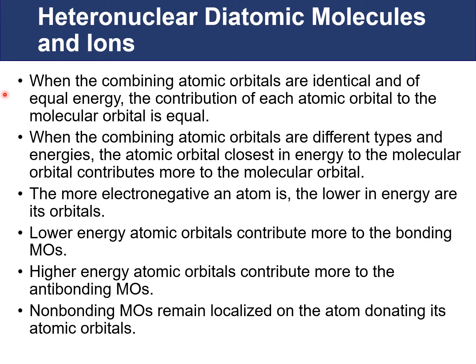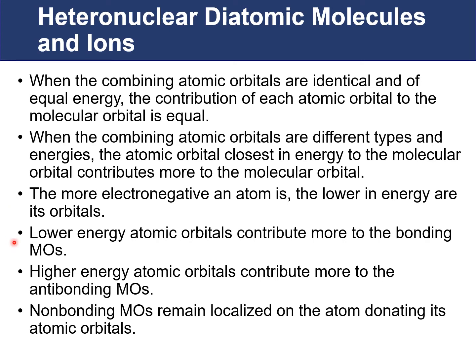For heteronuclear diatomics, however, we are combining atomic orbitals that are different types and energies. For these, the atomic orbital closest in energy to the molecular orbital will contribute more to the molecular orbital. The more electronegative an atom is, the lower in energy the orbitals are going to be.